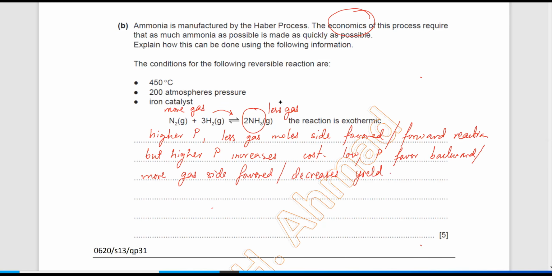So higher pressure use करना अच्छी बात है, लेकिन you can't use higher pressure. Why? Because cost ज़्यादा हो जाएगी. तो फिर आप लिखोगे 200 atmosphere is a, so you have to justify the conditions, उसकी economics भी. So 200 atmosphere is the optimum pressure जहाँ पे दोनों pros and cons they balance out.